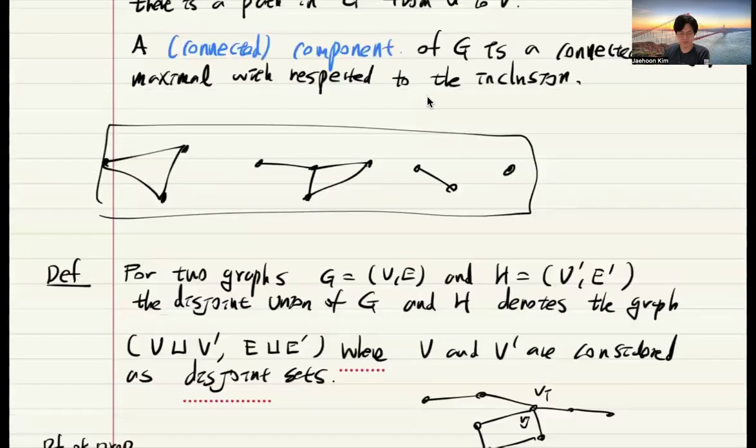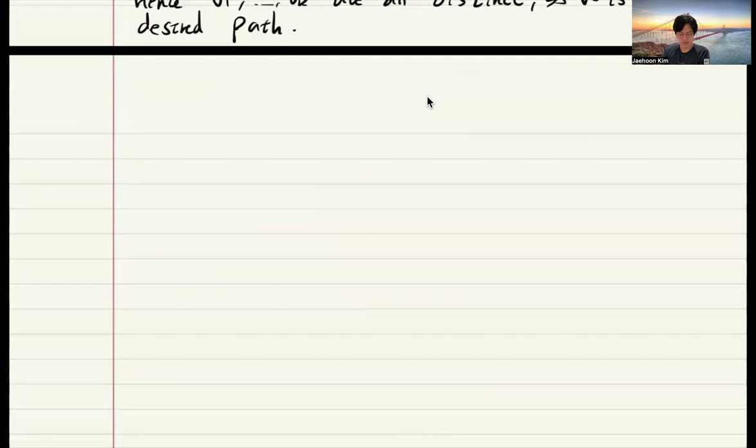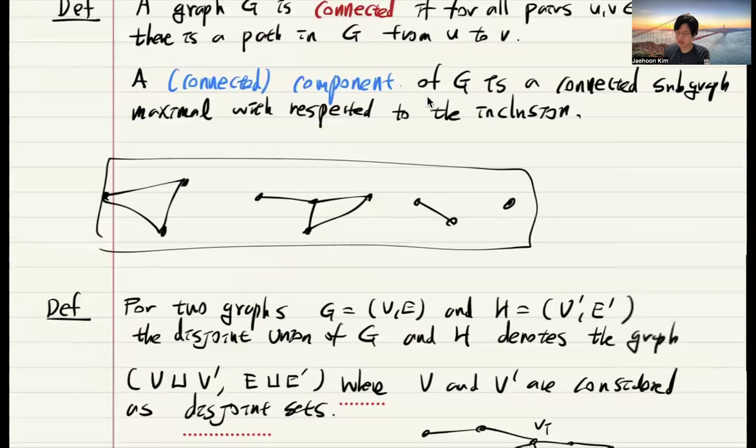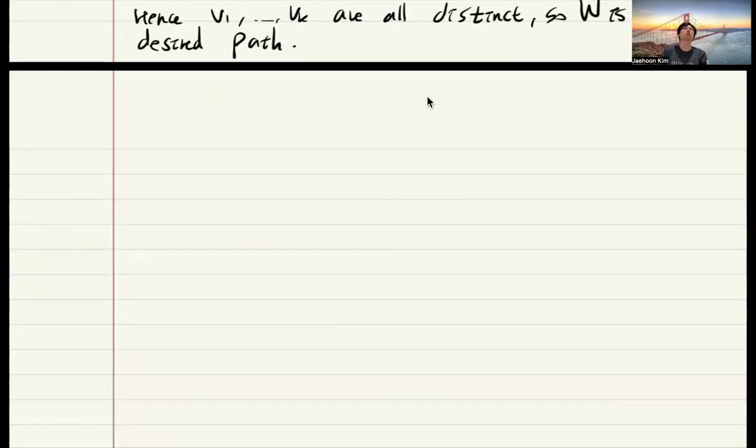So basically, this defines connected graphs. And then we want to study the connected graphs. Okay, so what we will do is we have learned many concepts and we will learn more concepts. And then we want to study the interactions between them.